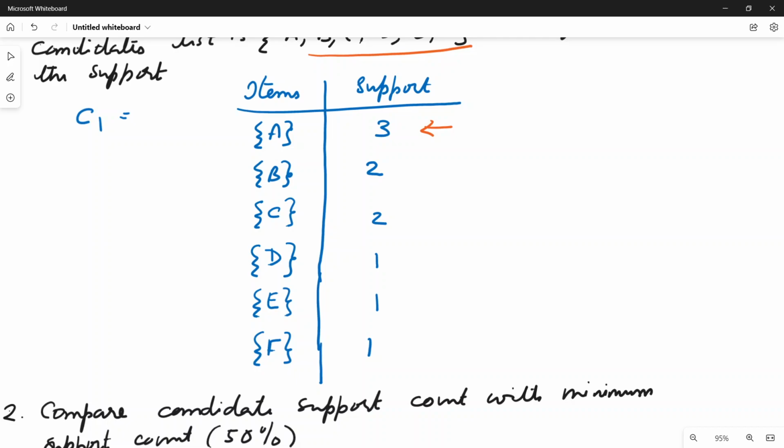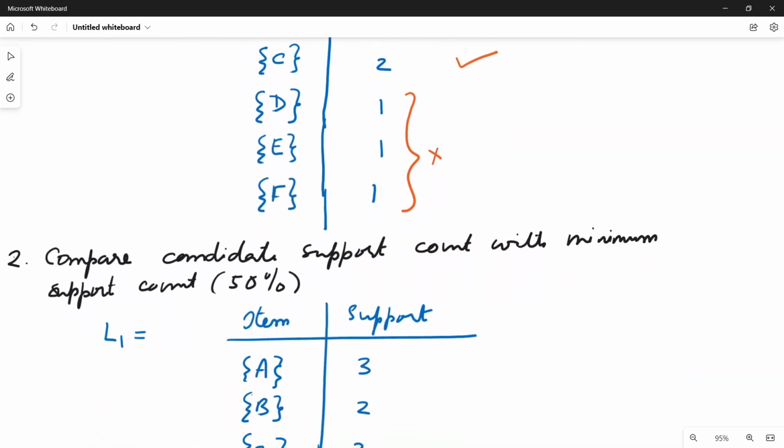That is what is meant by minimum support of 50%. Here A is 3, so it is satisfied, B is 2, so it is satisfied, C is 2, so it is satisfied. But the other 3 items have a support of 1 only, so they do not satisfy the 50%, and we don't consider them. So from the first set we have shortlisted the items which can occur frequently: A, B, C. That is for the single item set.